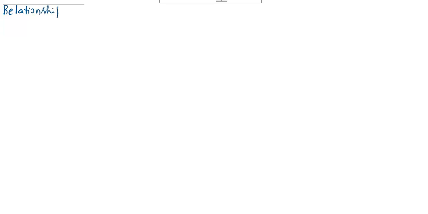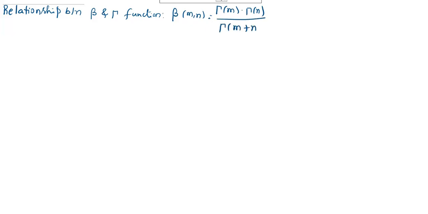That is, beta of m comma n equals gamma of m into gamma of n divided by gamma of m plus n.